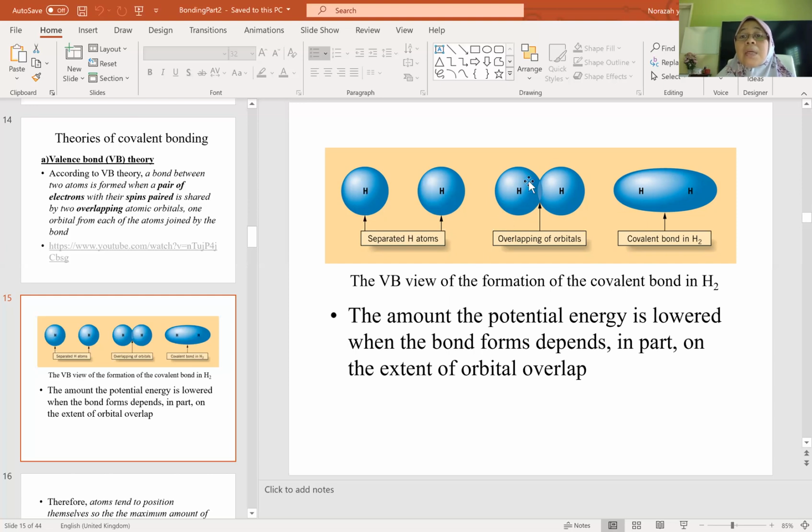When the covalent bond is formed, the electron is shared between these two hydrogens. You can see the overlapping of the atomic orbitals, forming a new orbital. This is the basis of valence bond theory: an overlapping of atomic orbitals between the atoms in a compound, and the overlapping will form a new orbital.